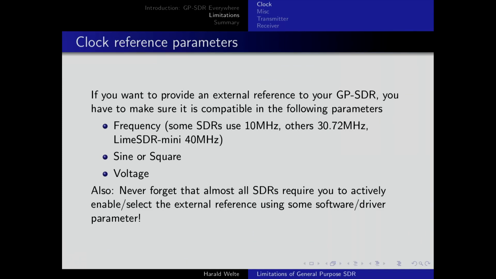It's also important that there are some parameters that the reference clock must fulfill in order to be compatible with your device. The most important part is the frequency. Well, they're actually all important, but the frequency is sometimes problematic, especially if you have a zoo of different SDRs, like I have. Some want a 10 megahertz reference, others want a 30.72 megahertz reference, some others want a 40 megahertz reference.